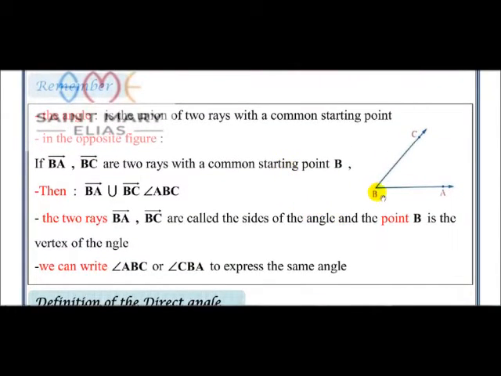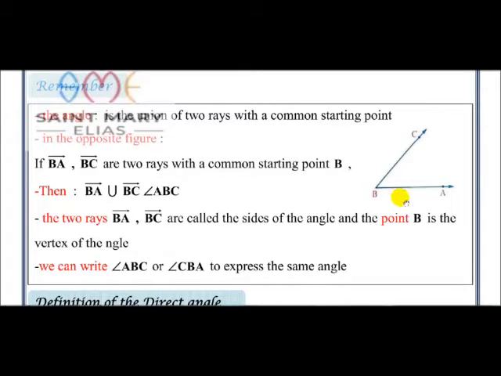When I draw ray BA, my ray starts from point B, passes through point A, and goes to infinity, okay? And I draw another ray starting from the same point B. My second ray is called BC: it starts at B, passes through C, and goes to infinity.